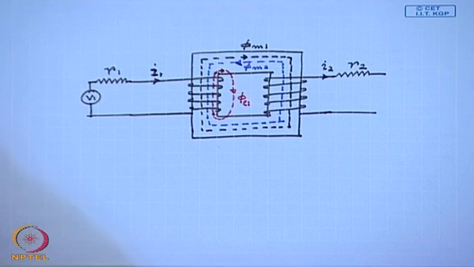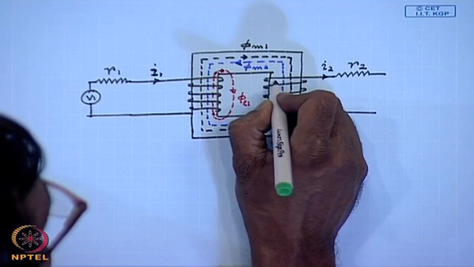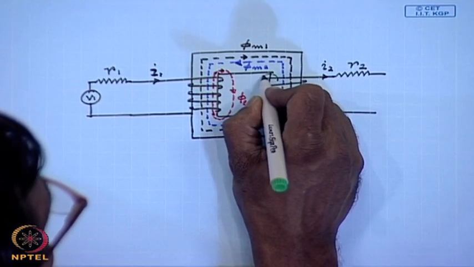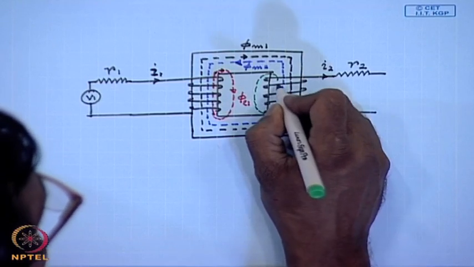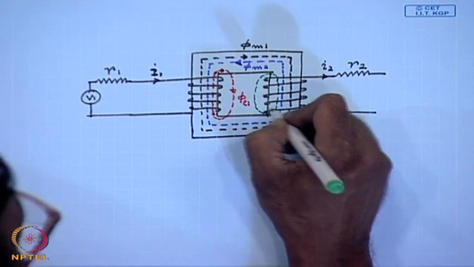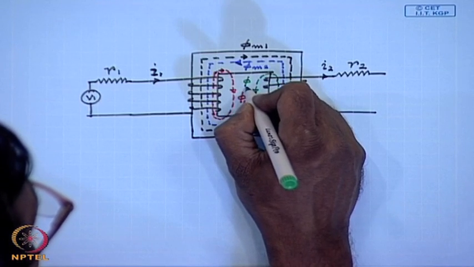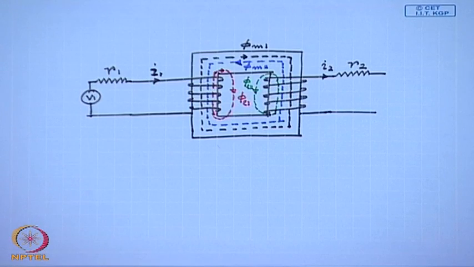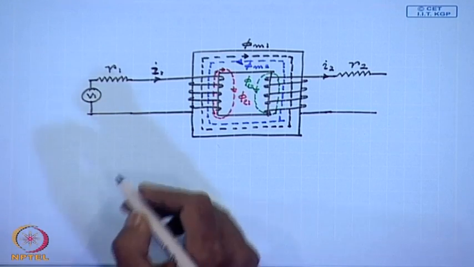Similarly, there will be leakage flux produced by current flowing in the second coil, phi L2, which will link only coil 2 and not coil 1. So, what is the total flux linking coil 1?